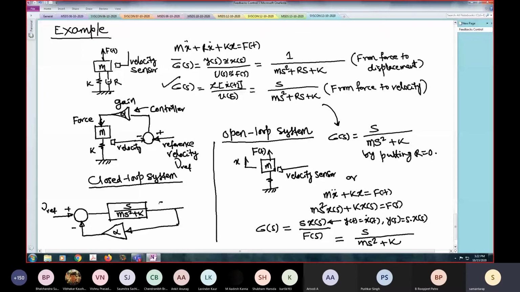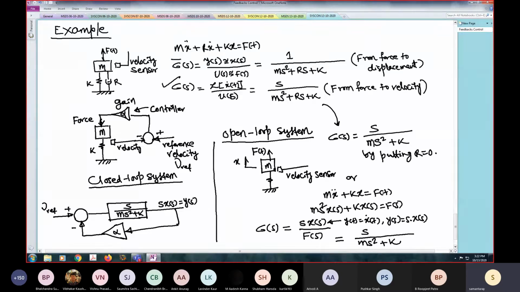This is sX(s) equal to Y(s). So this is my closed loop system, from the open loop system. Is that understood? Students, is that understood? This part clearly?